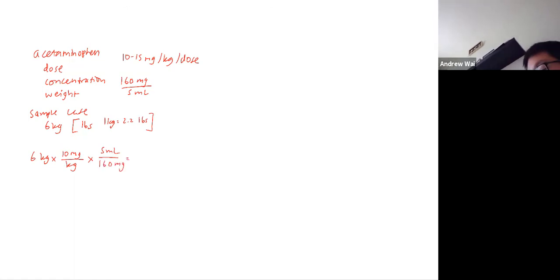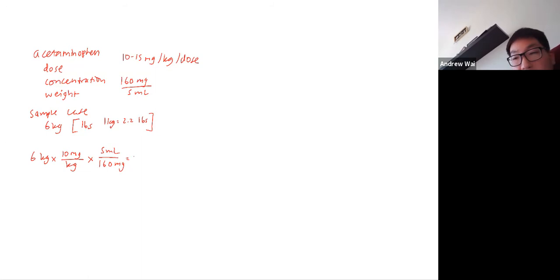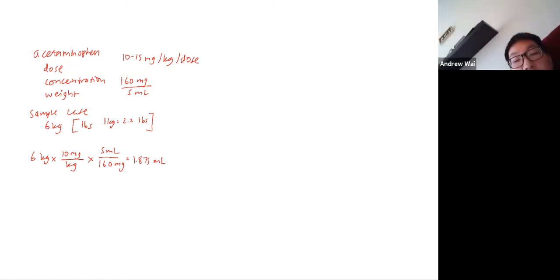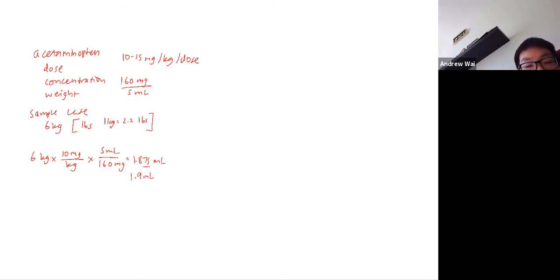Okay, and when we put this all together, we're going to come out with, and by the way, you will get a calculator on the OSCE, 1.875 mLs. All right, well, that's a really crazy amount of mLs, a lot of decimals there. So if you put 1.9 mLs, you'll be fine. Even if you said 2 mLs, you'll be fine.